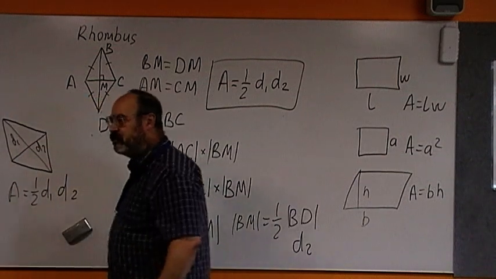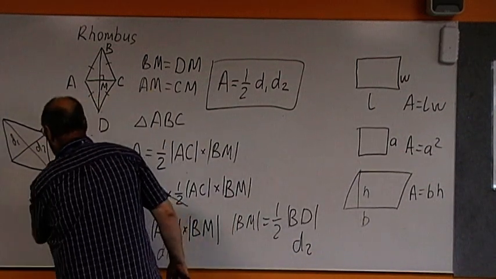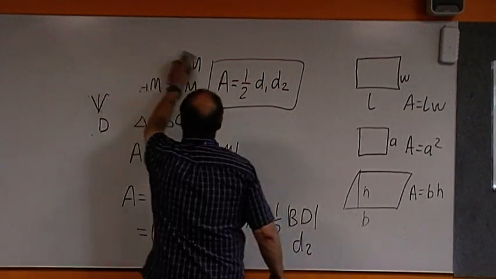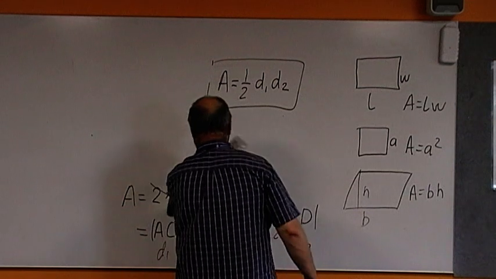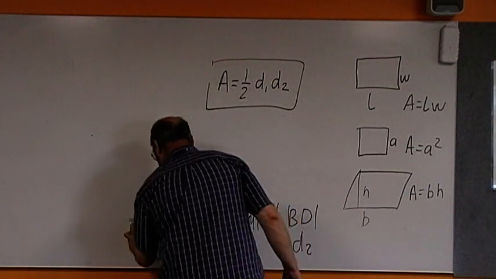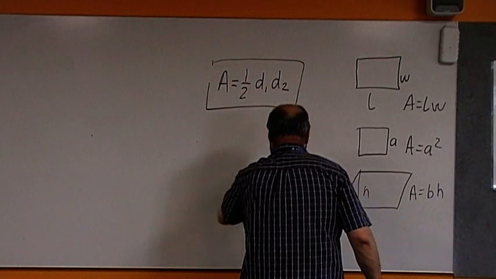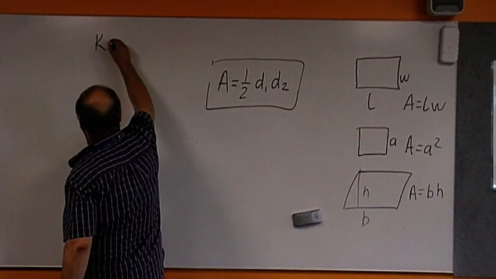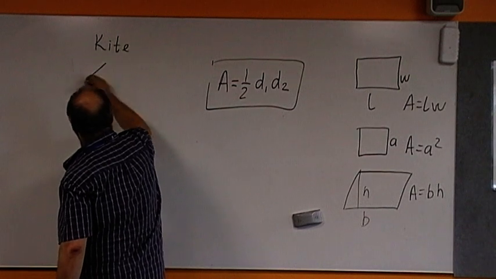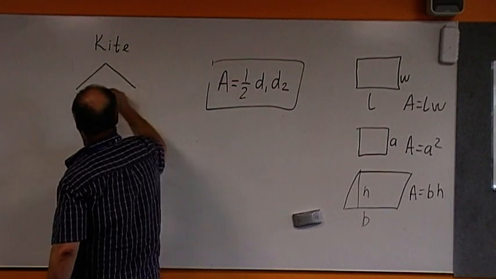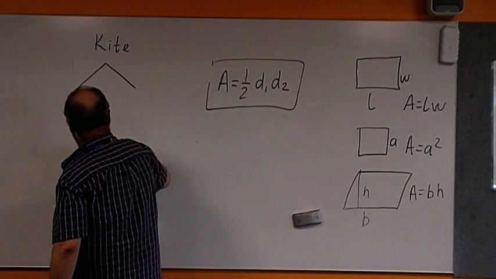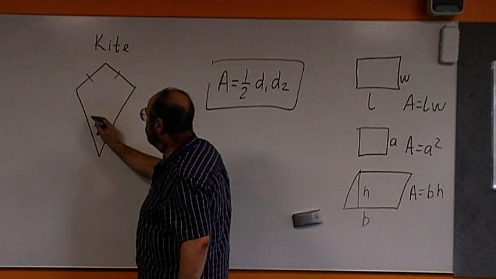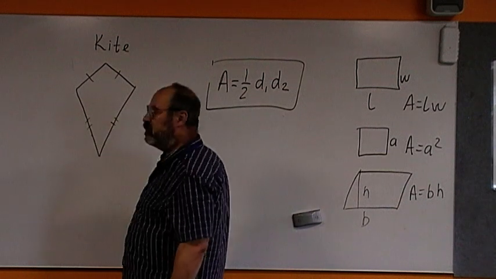Okay. So the second special quadrilateral is the kite. A kite does not have all sides equal; it has two pairs of equal adjacent sides. This side equals this side, and this equals this.